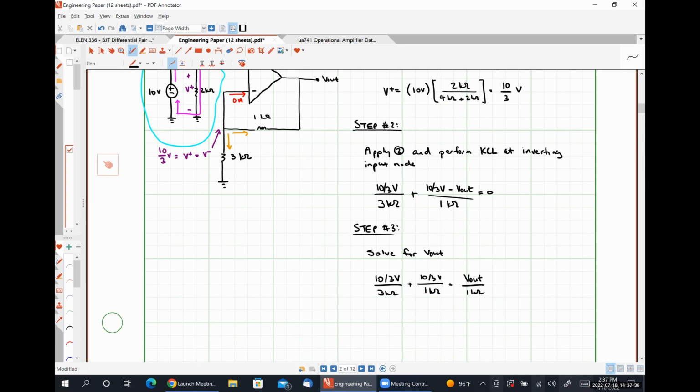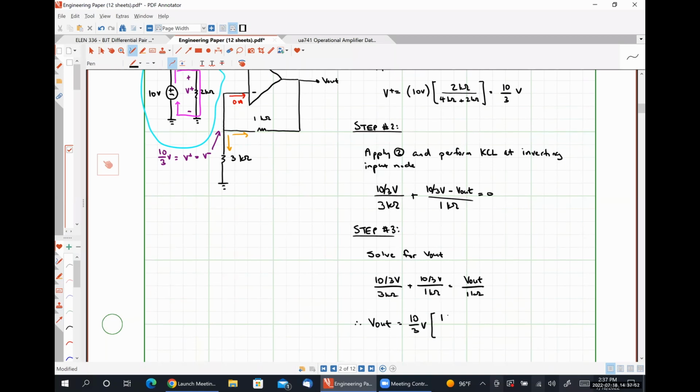Now I'm going to find V out by simply multiplying everything by 1 kilo ohm. So V out will be 10/3 of a volt multiplied by 1 kilo ohm over 3 kilo ohms plus 10/3 of a volt multiplied by 1 kilo ohm over 1 kilo ohm.